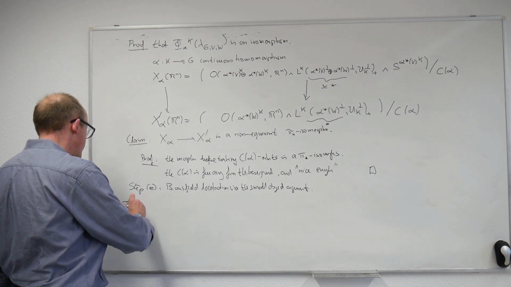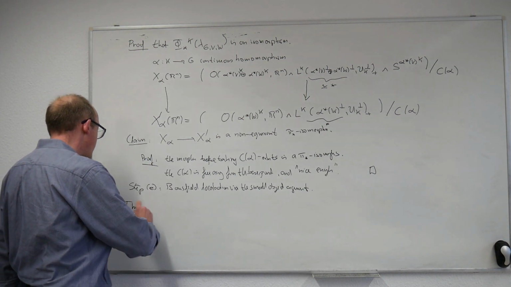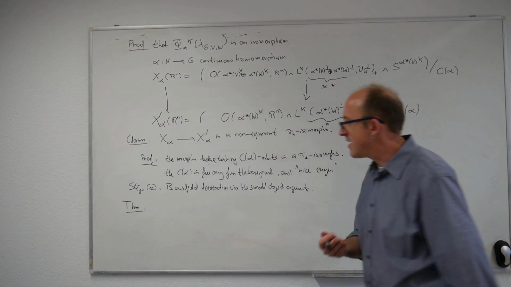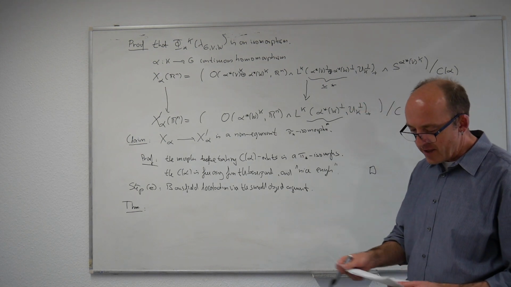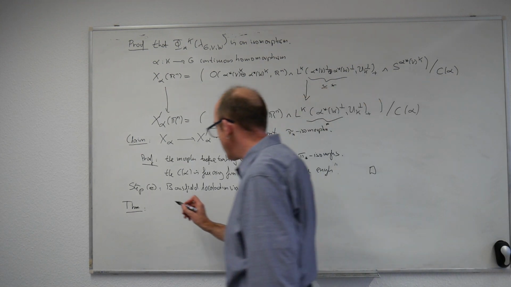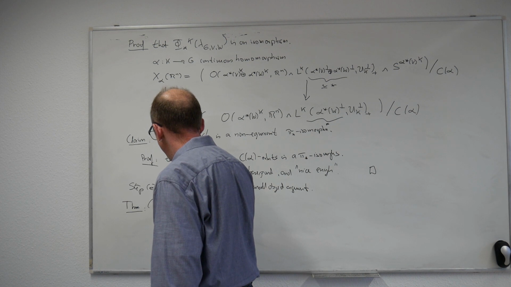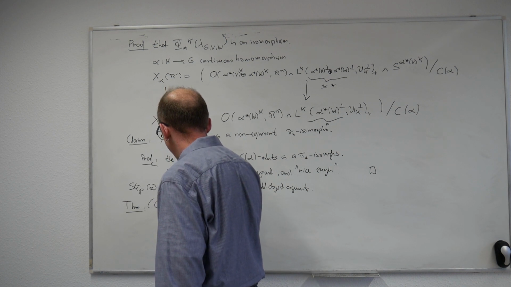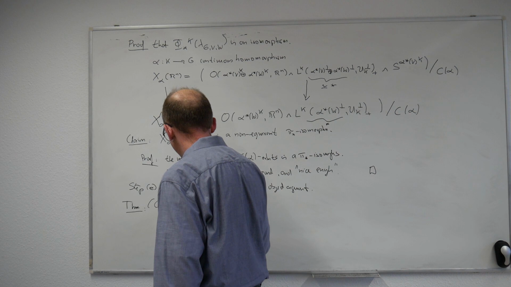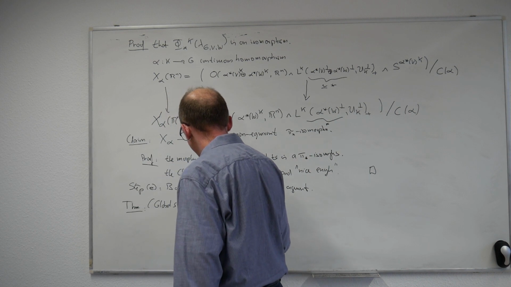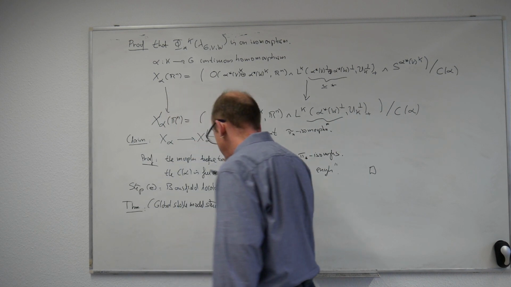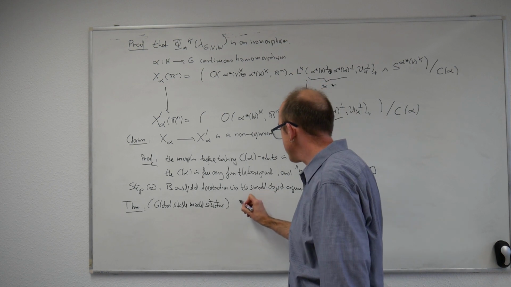But these are all routine steps, and in the end you get the following main theorem for today, and in fact one of the main results in the foundations and the underlying theory of this: the global stable model structure. Let me summarize it as follows.